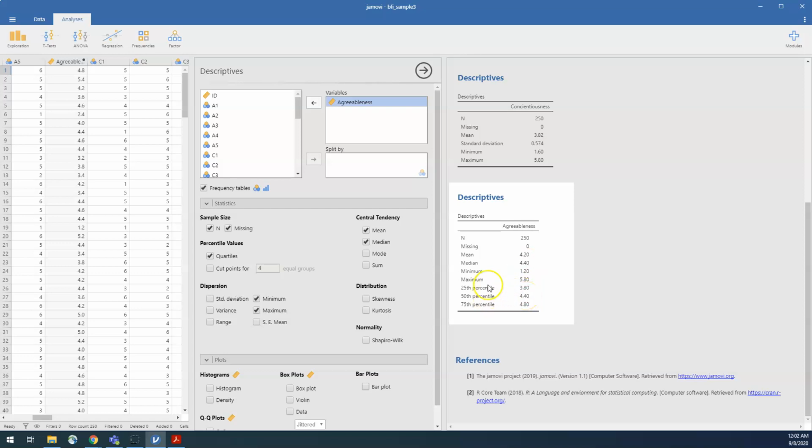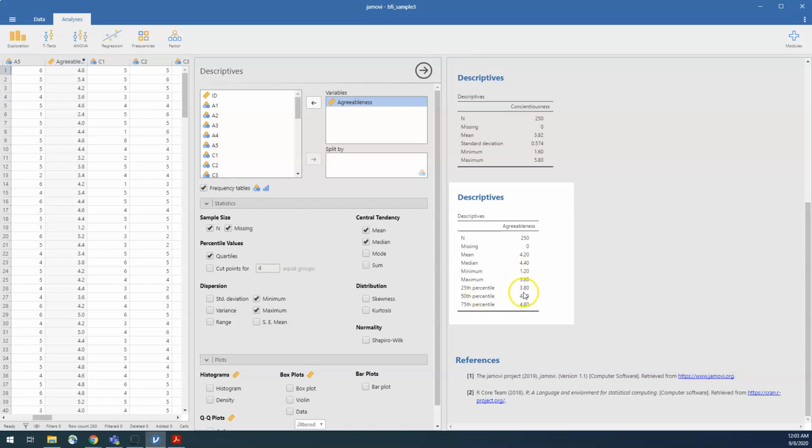Well, we can say the same thing about the 25th percentile and the 75th percentile. The 25th percentile is saying where is the cutoff that 25% of people got lower than this value. So the lowest value is 1.2, the 25th percentile is 3.8. That means 25% of people got between those two scores: above 1.2 and below 3.8.